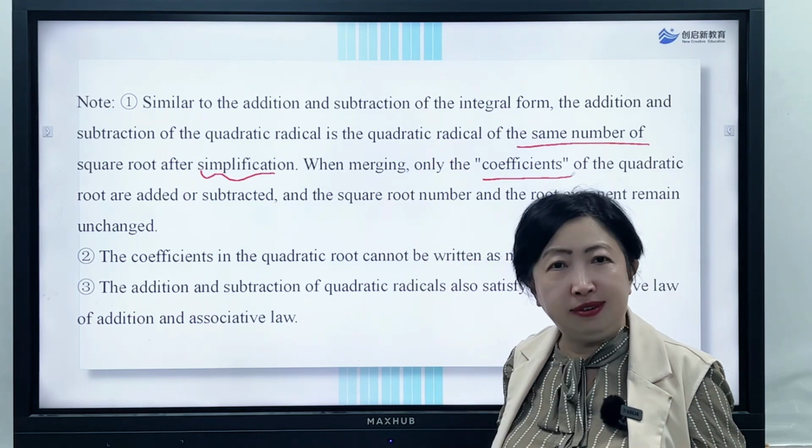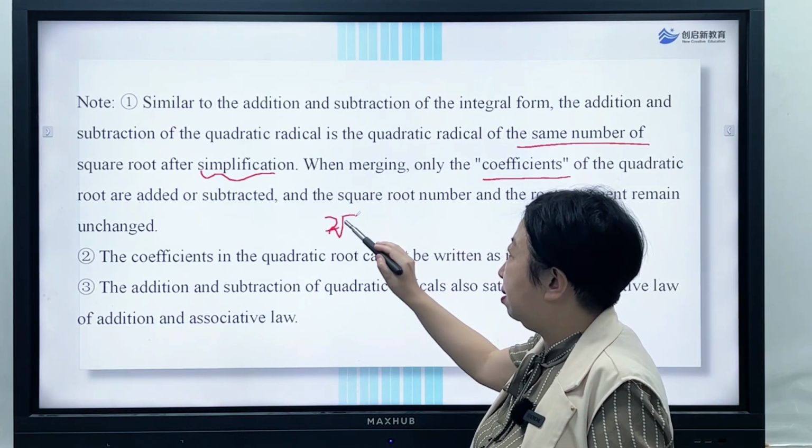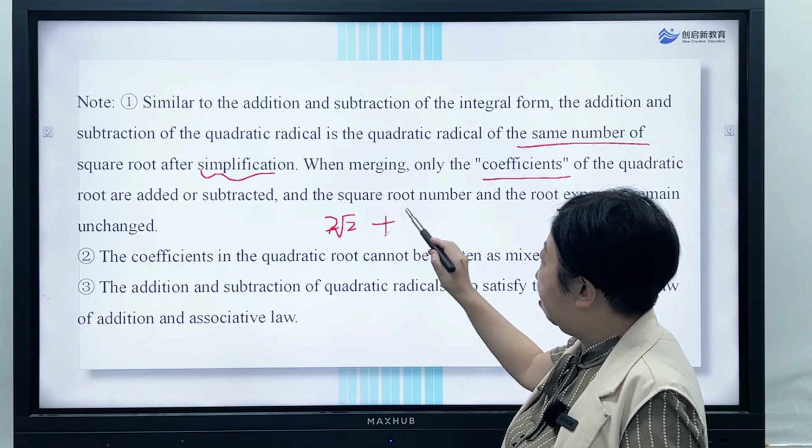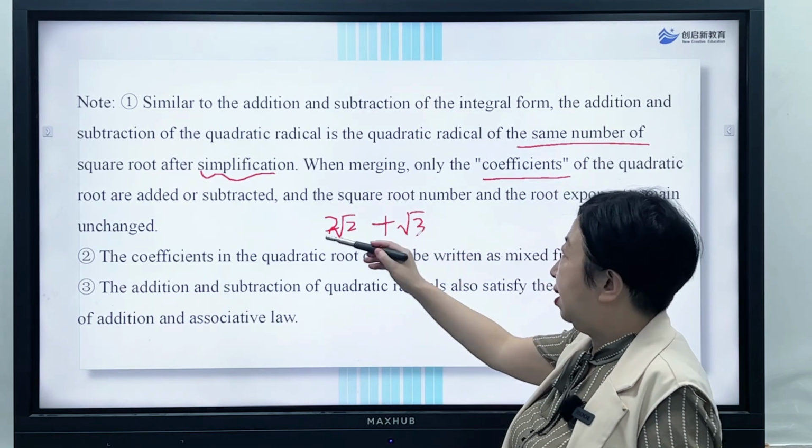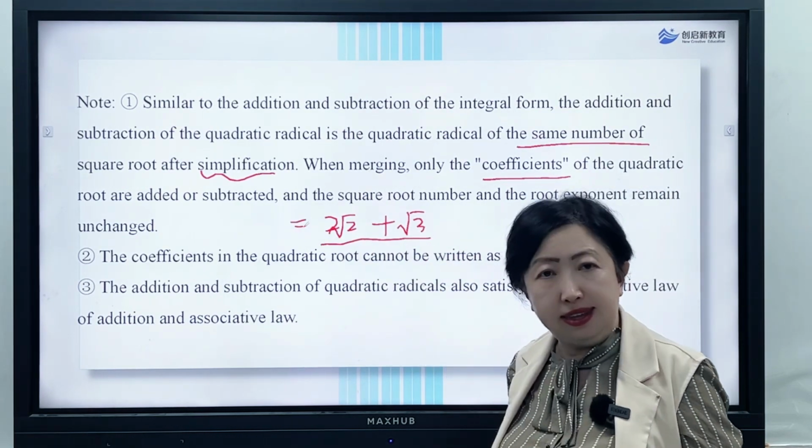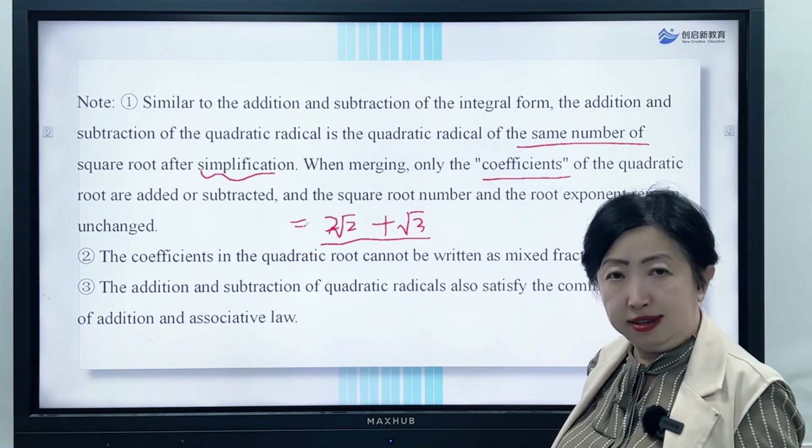Just like we said, 2 times root of 2 plus root of 3. Here is the final answer.